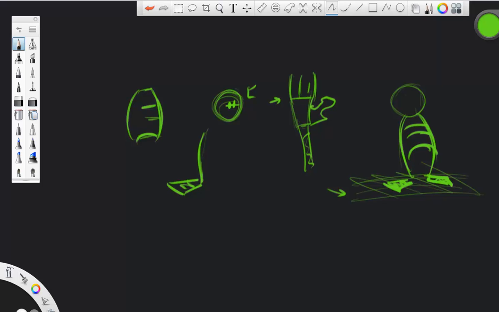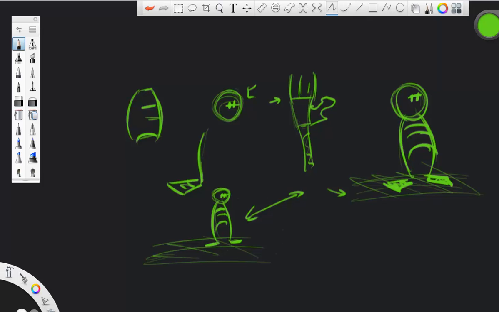This is a guy, if this is the ground. You can either start with the head or the feet, but in the end it is the same thing, one and the same.